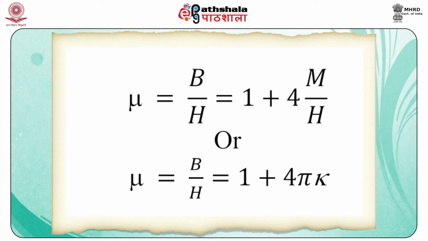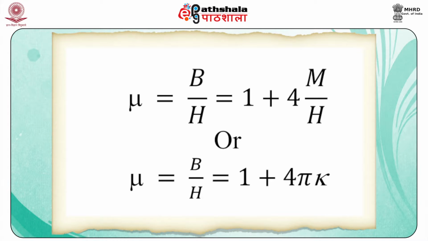That becomes mu is equal to B upon H is equal to 1 plus 4 pi kappa, where mu or B upon H is called the magnetic permeability of the material. Kappa is the magnetic susceptibility per unit volume.